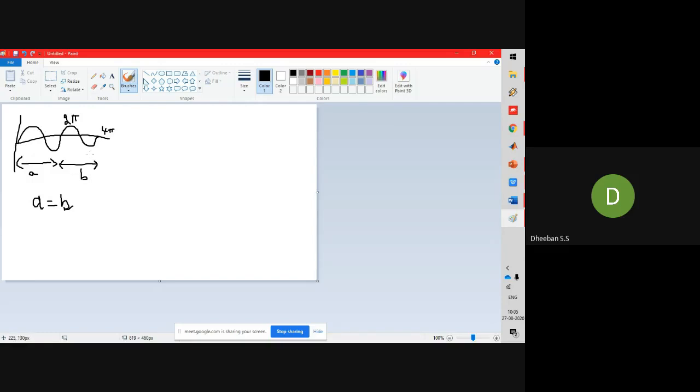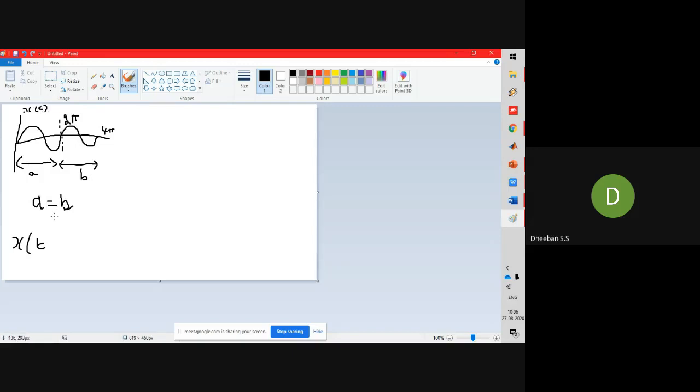Now if you add another time period T, as they have given, x of T is this part.